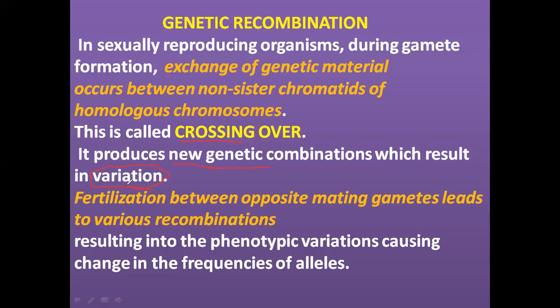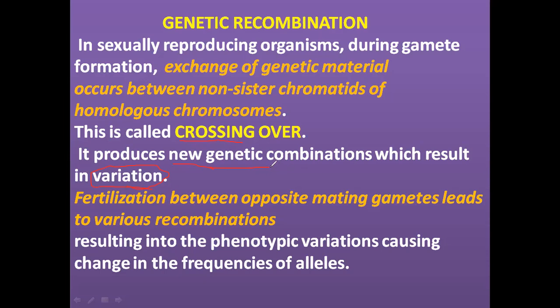Why? Because they are obtained from a single zygote. Heterozygotic twins may be a female and a male child, or both may be male or both may be female. So this is heterozygotic. Why? Because different zygotes are there. Except homozygotic twins, all other individuals are different from each other.